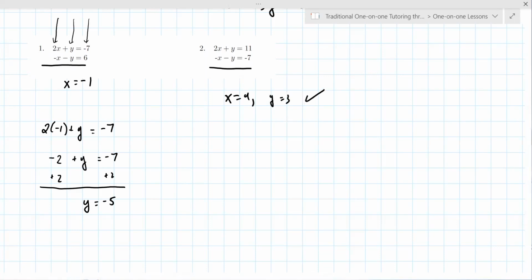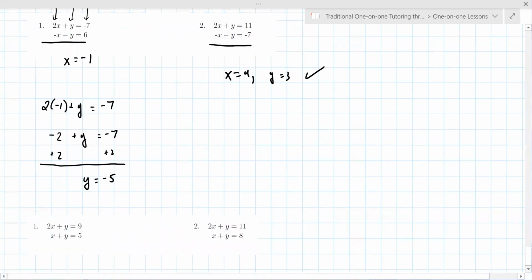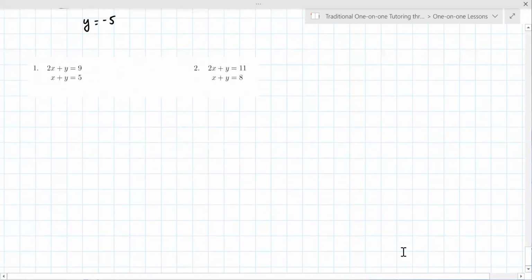So the other type of question you might see is where you get a system and you can't just add, but you can subtract, or what I call multiply by -1 is kind of the other way to look at it.